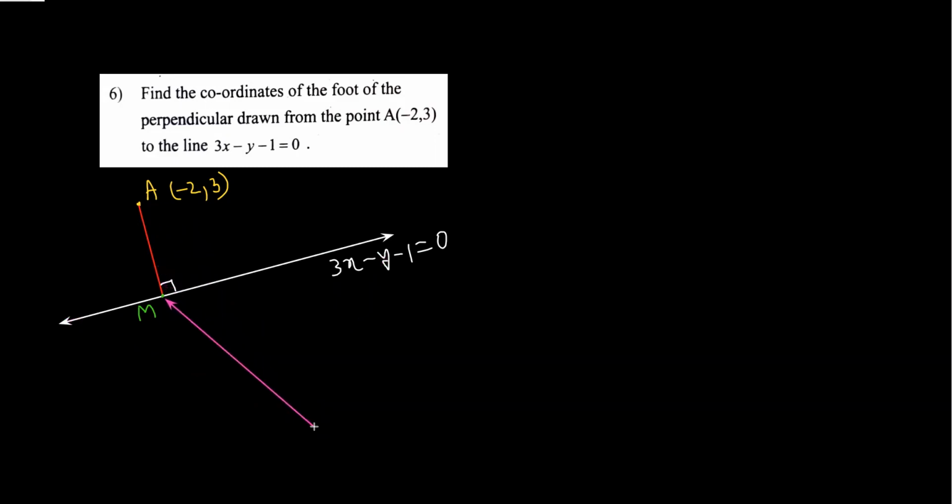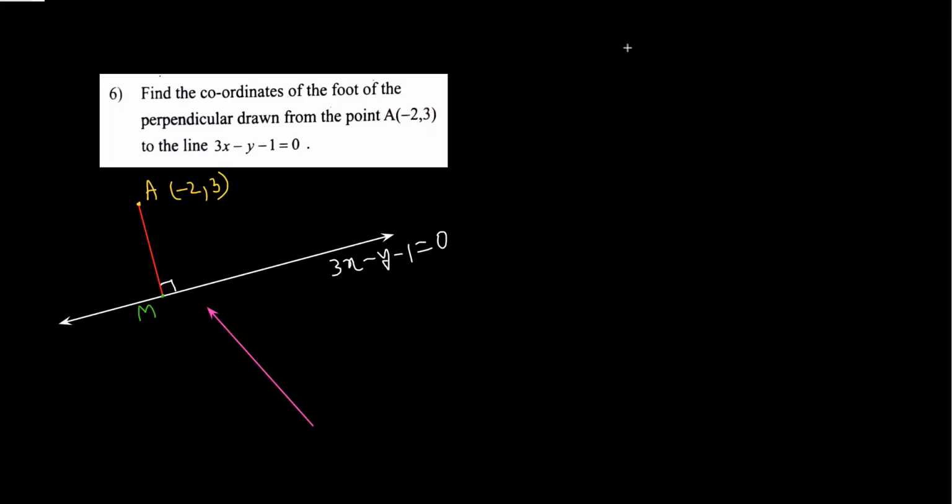See, it is only that this line ends at M. If you want, you can extend it. Whether you extend it or you end it here, it's going to be the point of intersection of this white line and this line. So what is M? The foot of perpendicular is nothing but the point of intersection of two lines.